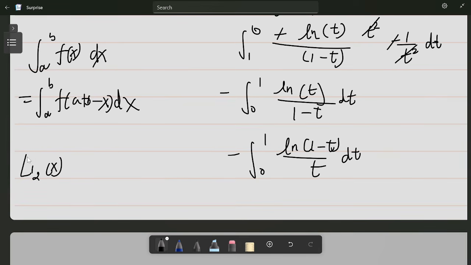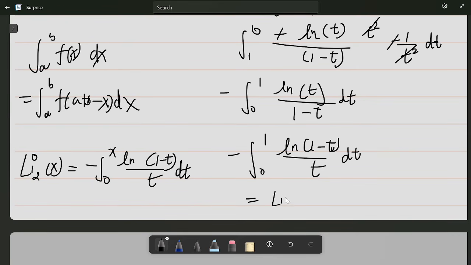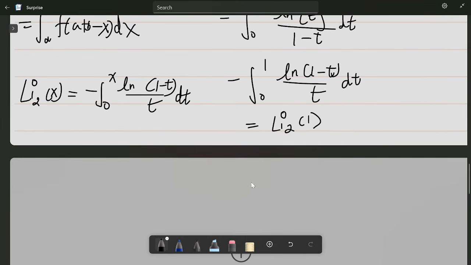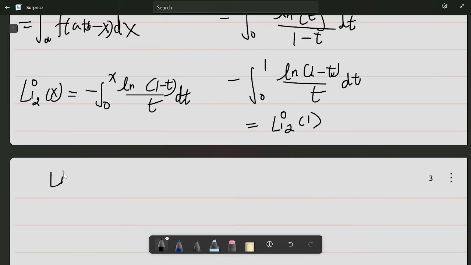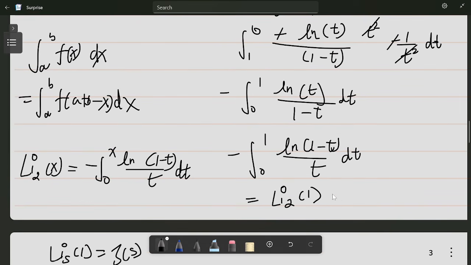Li2 of x is basically minus the integral from 0 to x of ln of (1 minus t) by t dt. That's why this is basically Li2 of 1. There's also another property that Li_s of 1 is actually zeta of s. So this is equal to zeta of 2, that's why this is pi square by 6.